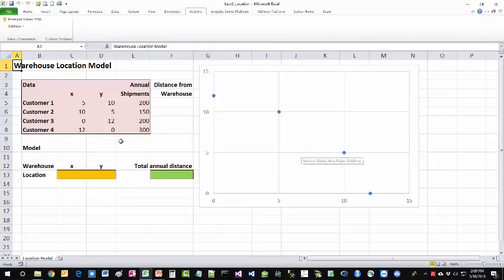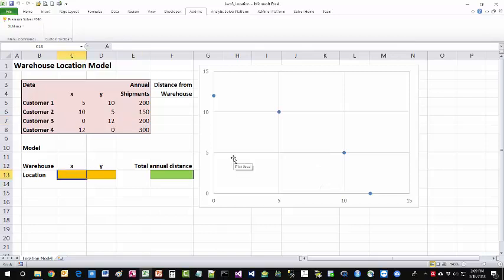A brief review of these shipments, because of the highest number next to customer 4 and a pretty high number of shipments to customer 3, seems to indicate that somewhere towards the bottom right corner would be the optimal location. Perhaps something like 8, 4 or 8, 5 or 8, 3, somewhere around here.